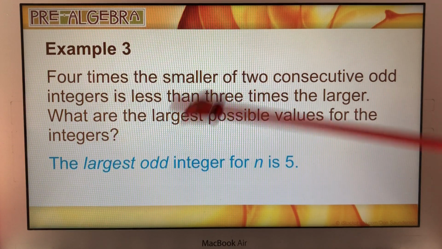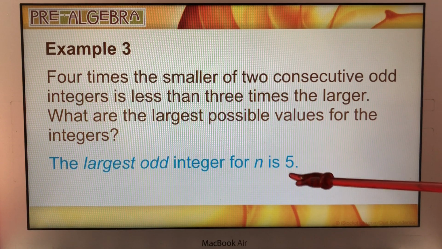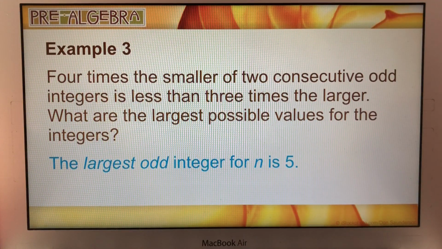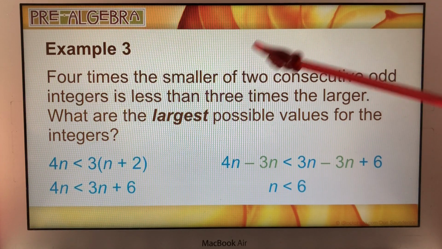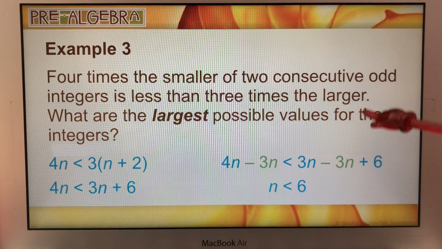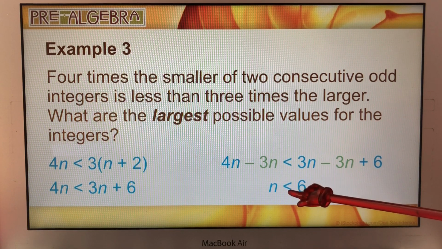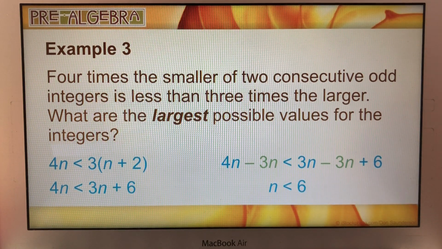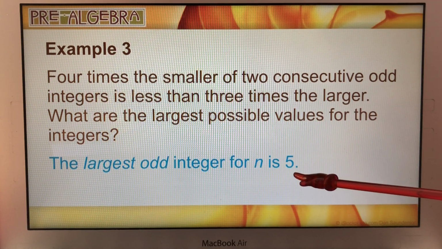The largest odd integer for n is 5, okay, because to go back here, it's asking for 2 consecutive odd integers. What's the odd integer that is closest to 6, that's less than 6? That would be 5, okay? n is 5.